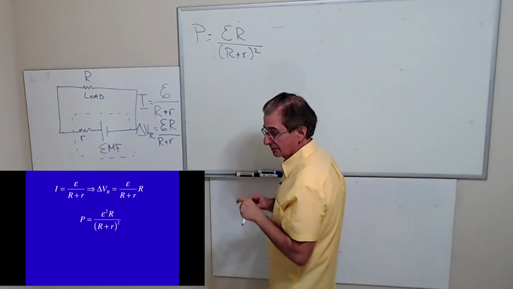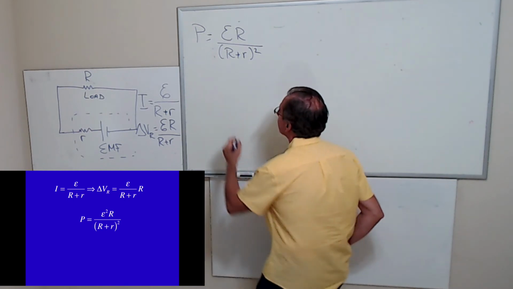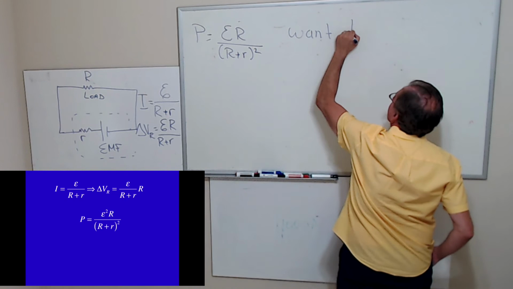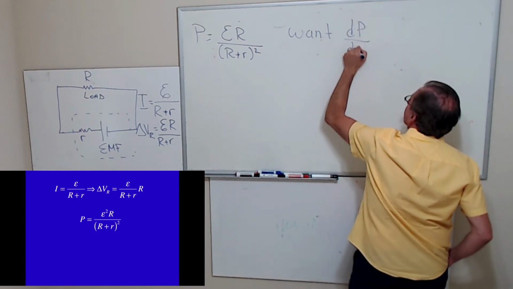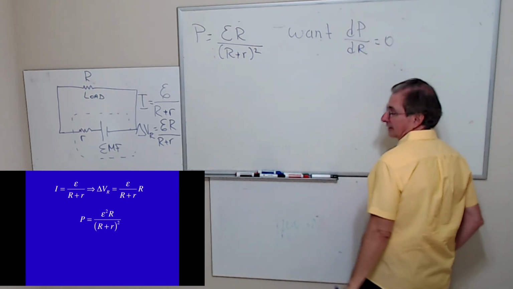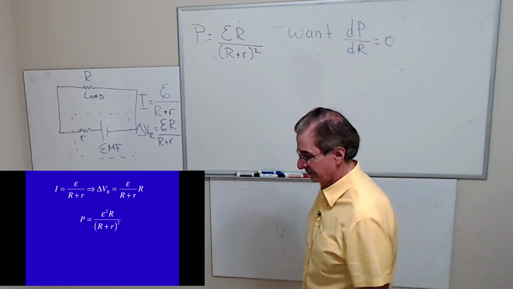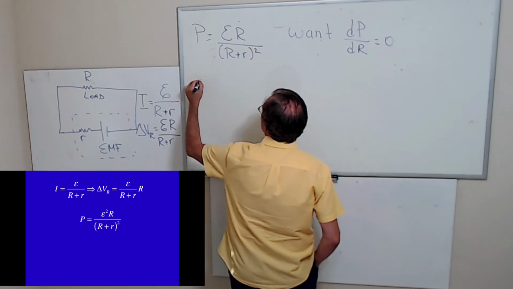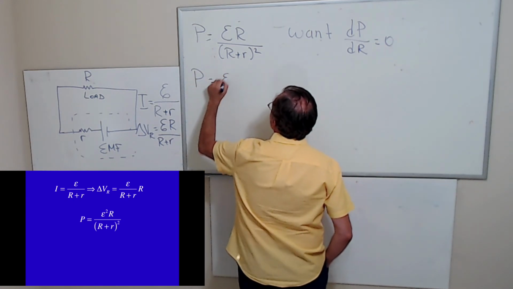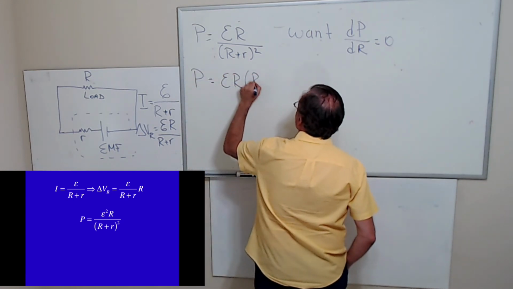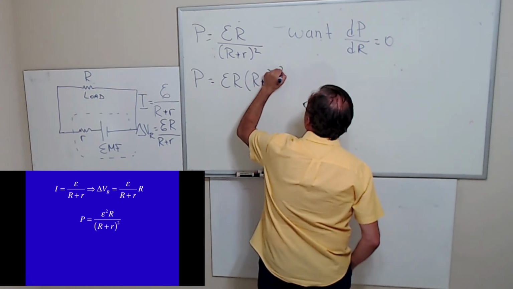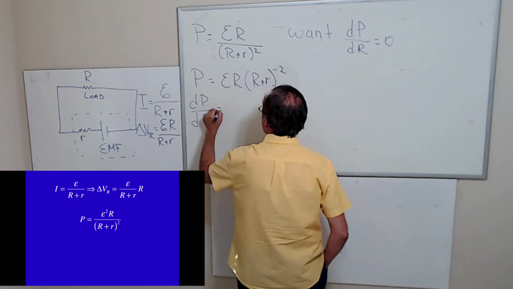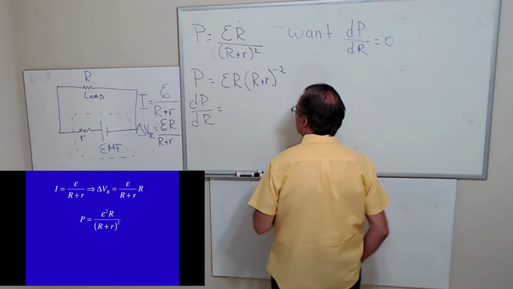How do I maximize this? So I take the derivative of this. And I forget the quotient rule, so I'm going to write it this way. So here we go. I'm going to take the derivative.